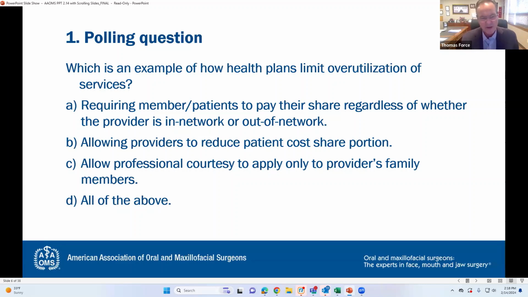If I didn't have that $75 cost share responsibility, if let's say the provider waived it, I might go 20 times in a month if my back was hurting me. So that's why these insurance carriers are absolutely adamant that in order to limit overutilization, you need to bill your patients the cost share responsibility.